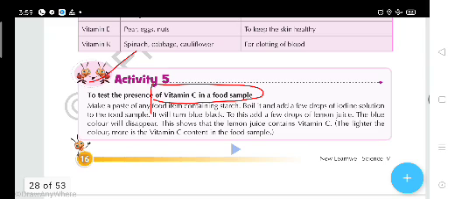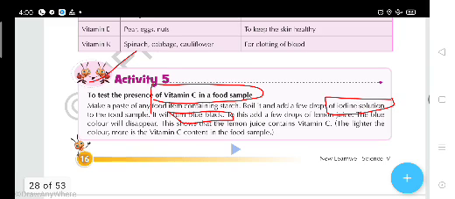You have to boil it and add a few drops of iodine solution to the food sample. You have taken a food which contains starch, you have added the iodine solution, and it will turn blue black. In the last activities we have discussed it.